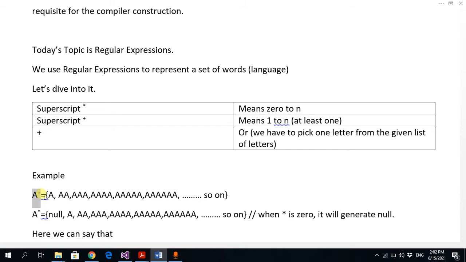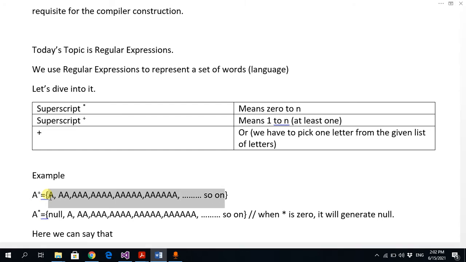So all these entities are the words of this language: at least 1 means single A, double A is also allowed, triple A, and so on. There is no upper limit. This regular expression represents this language, and these are the words of this language.